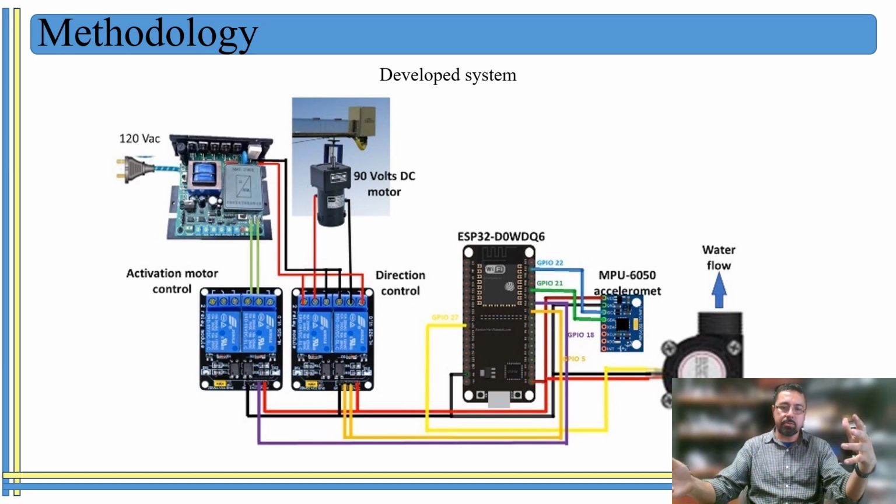It has communication with the application, and as you can see in this picture too, there is the accelerometer or gyroscope, which we use to estimate the position of the water canal, and the water flow meter that is necessary to know the water flow that has been going through the water channel.